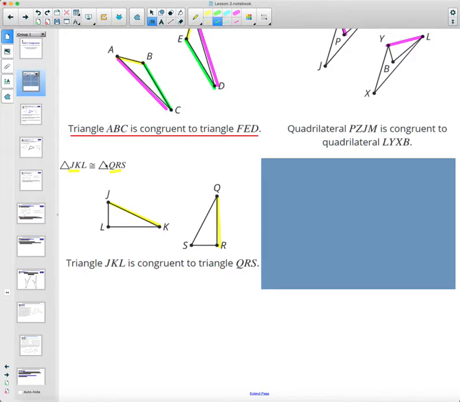You could keep going if you wanted and look at KL versus RS. That one you can really tell is different since this is a very small segment versus a large segment. So that would be a false congruent statement.